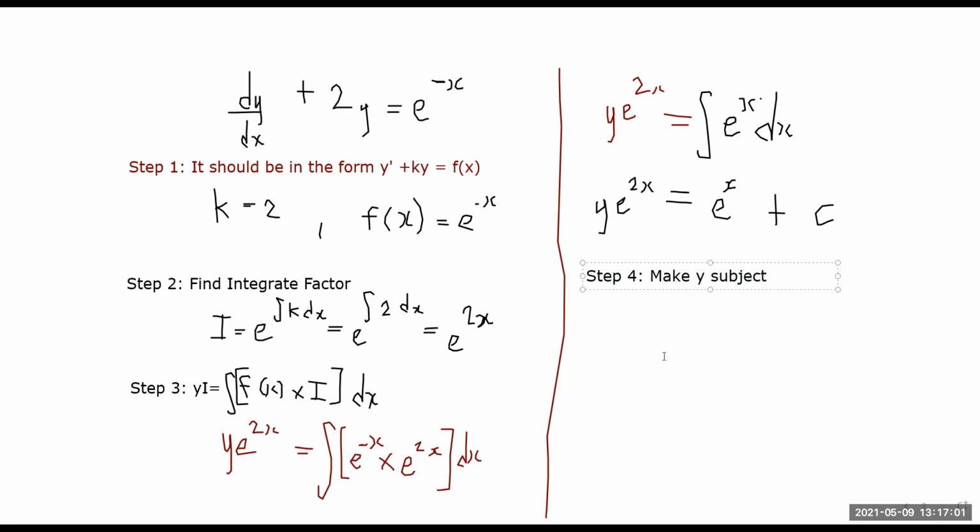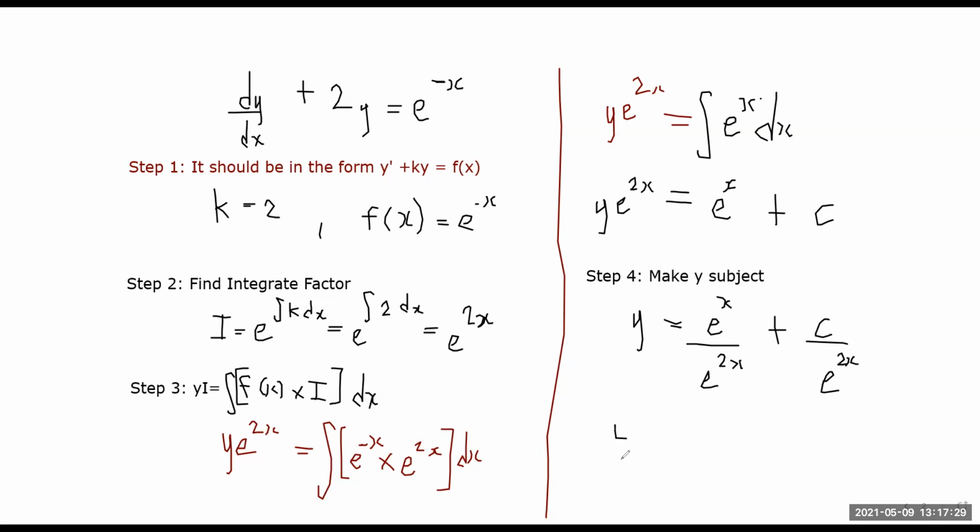So making y the subject, what I'll end up getting is y is equal to e to the x over e to the 2x, because I'm going to divide through by e to the 2x. When I divide through by e to the 2x, once the bases are the same, what do you do? You minus.